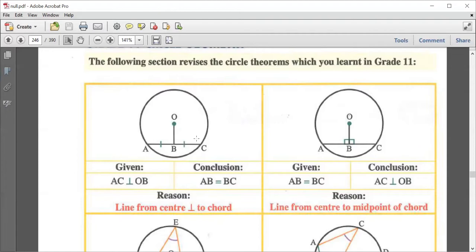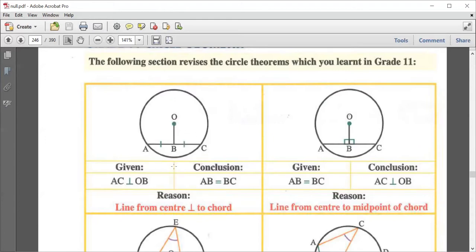So that information is very critical. Where can you be expected to use this? You can use the information from this theorem only if you have a chord, and from that chord there must be a line which comes from the center of the circle.